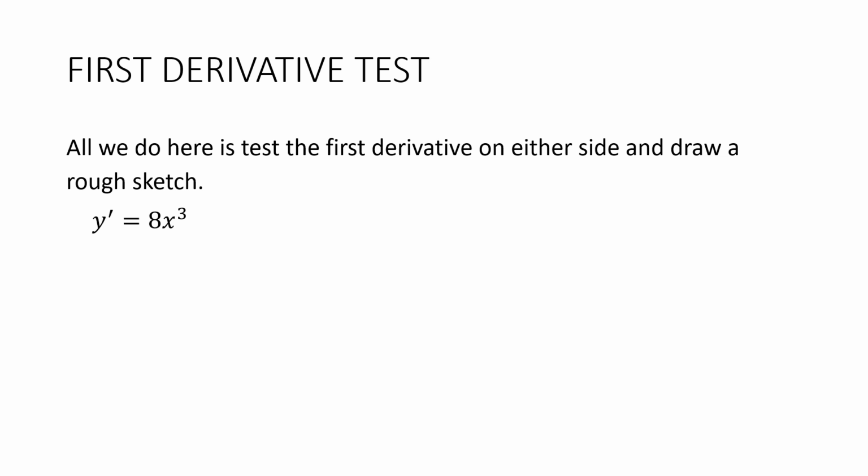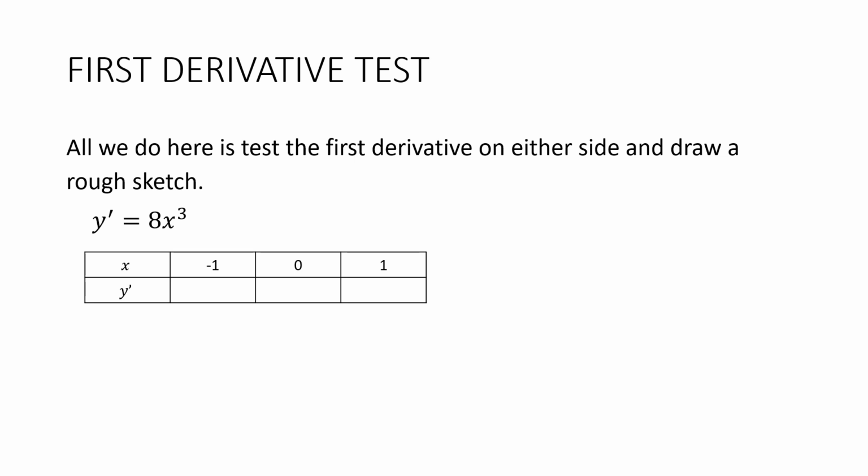So what we're going to do is test the first derivative on either side and then just draw a rough sketch. So our first derivative is 8x cubed. We knew we had a stationary point at x is equal to 0, so I'm going to test negative 1, 0 and 1. So substituting into here, when x is equal to negative 1, the first derivative is negative 8.